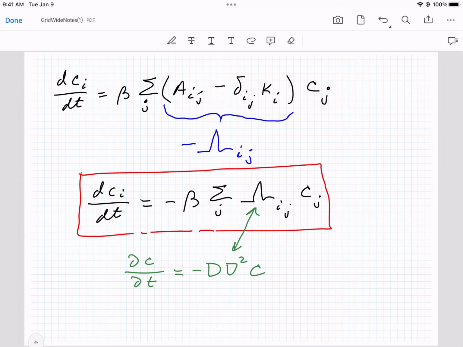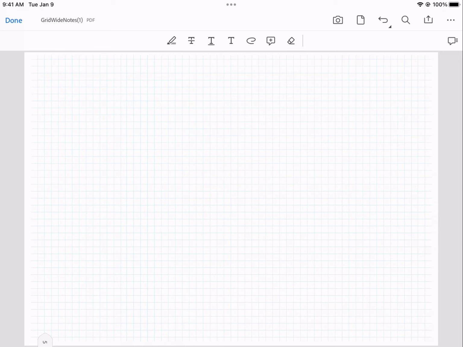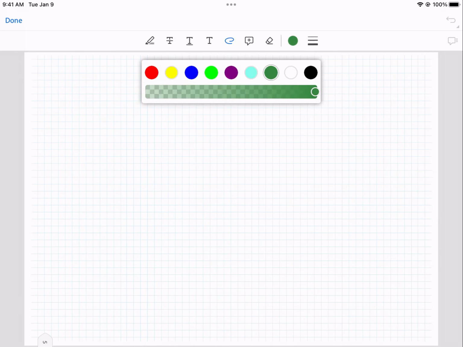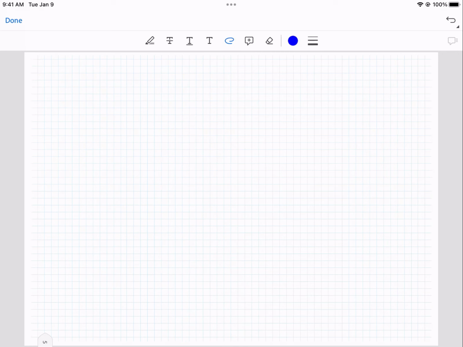So let's look a little bit at doing that solution. The solution does depend on the eigenvalues of the graph Laplacian. If we look at the eigenvalues, eig of the graph Laplacian, L_ij, that gives us eigenvectors. It also gives us the eigenvalues.